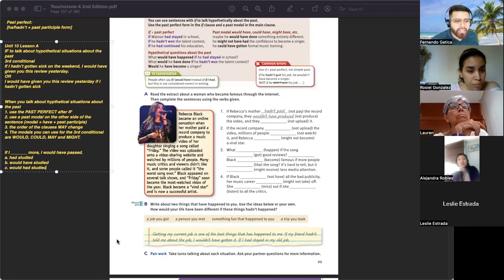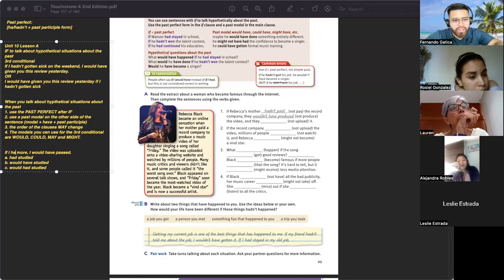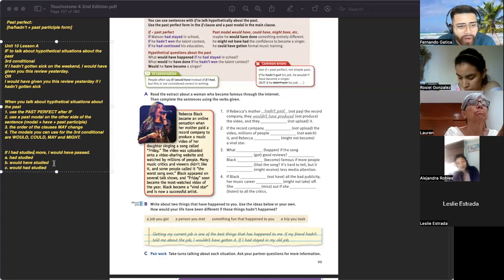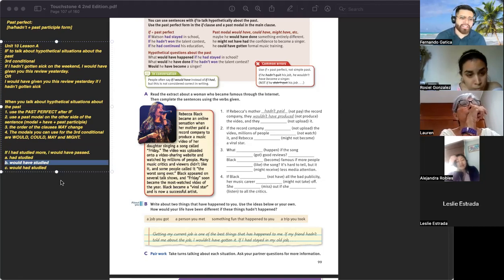What is the correct answer, ladies and gentlemen? Letter A. Letter A. If I had studied more, I would have passed. Why not letter B? Because has a verb modal, a modal verb. A modal verb. Yes, yes.